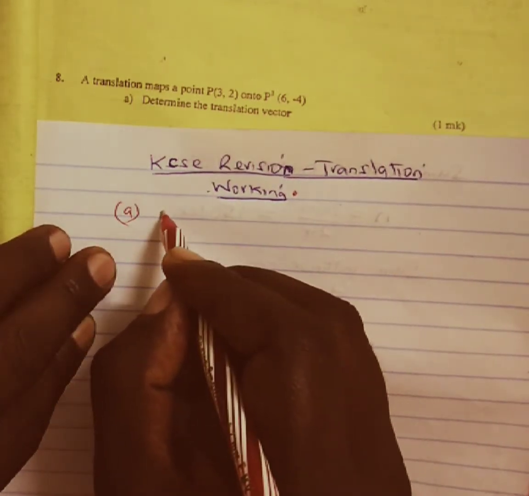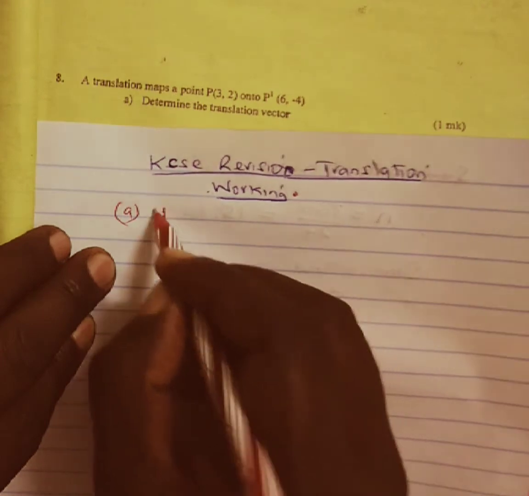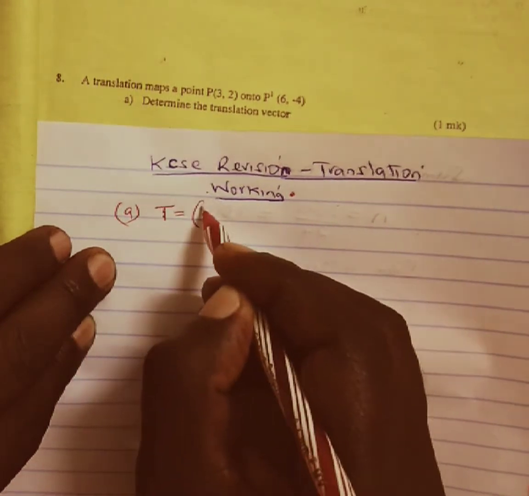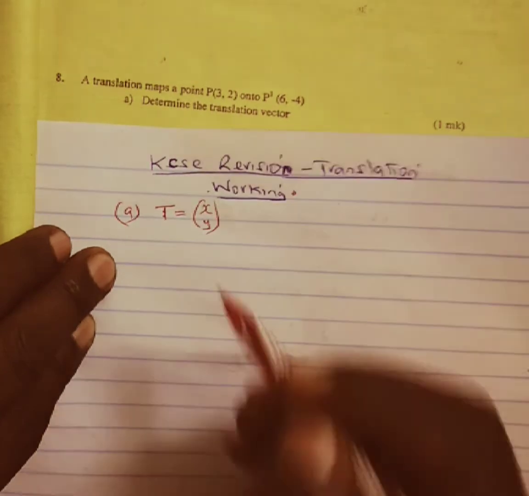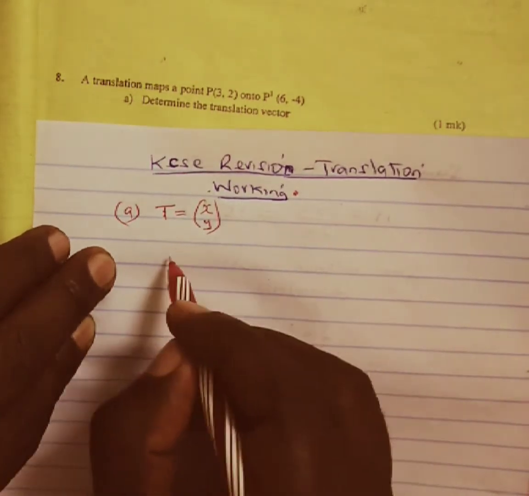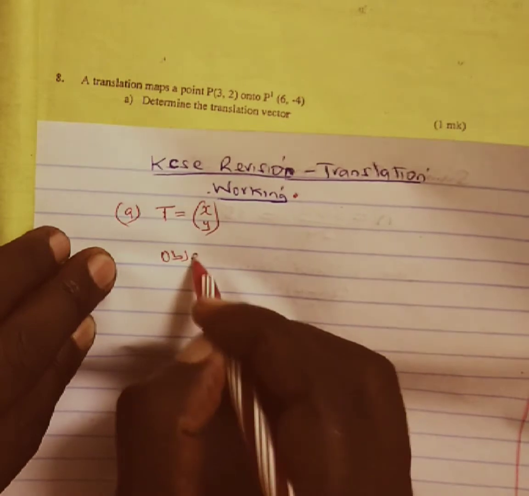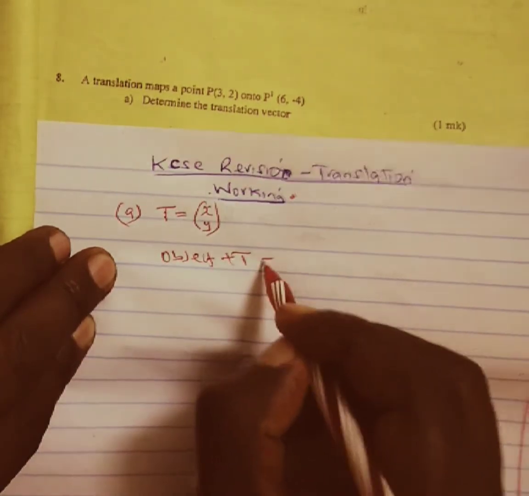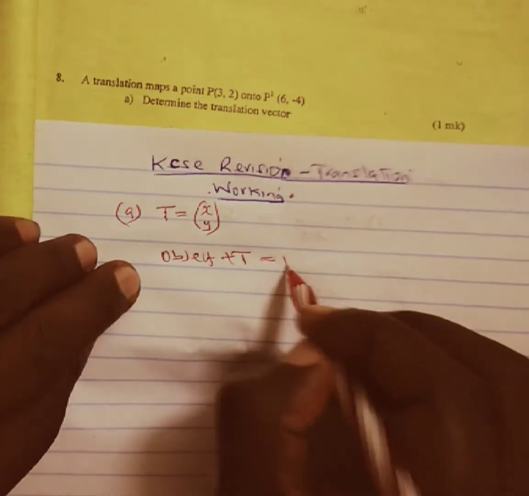We can say let the translation vector be T, and this translation vector has coordinates x and y. And we know if you take the object and add the translation vector, you are going to get the image.